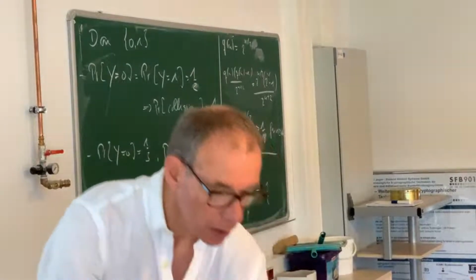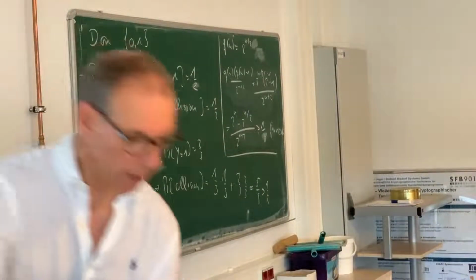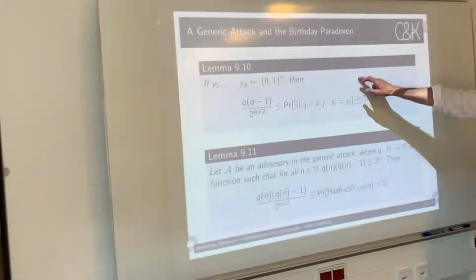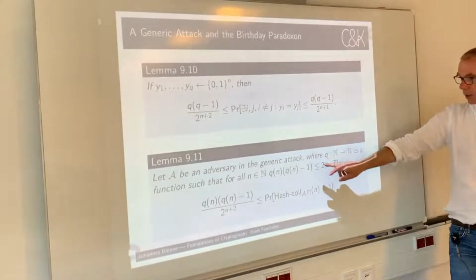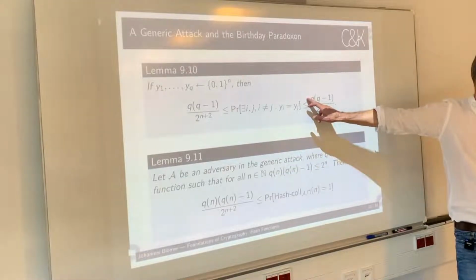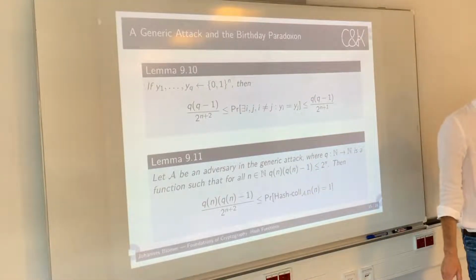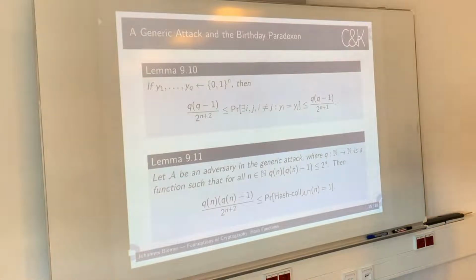Yeah. So I need to include this condition here. I forgot that. That this condition here for the Q, I have to include that here as well. Otherwise, things break down, as you will see. I forgot to modify that. Okay, and you'll see where I need that.